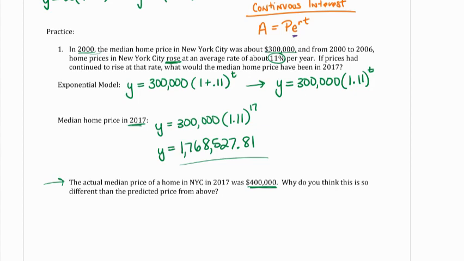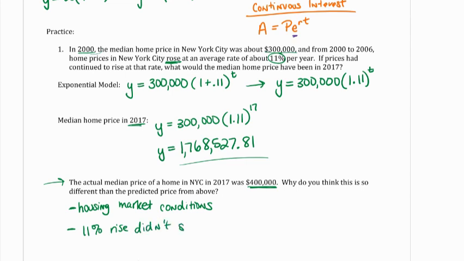There's several reasons this could have happened. We could just say that maybe the housing market had a bad couple years and prices dropped. So housing market conditions can affect that rise in price. But basically, we can say that the 11% rise didn't stay constant.